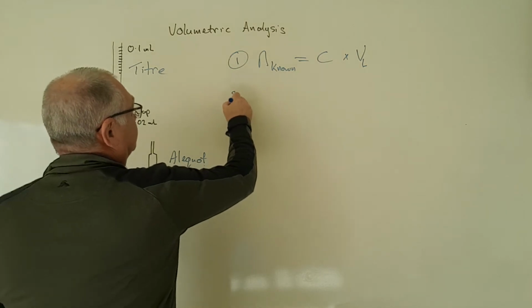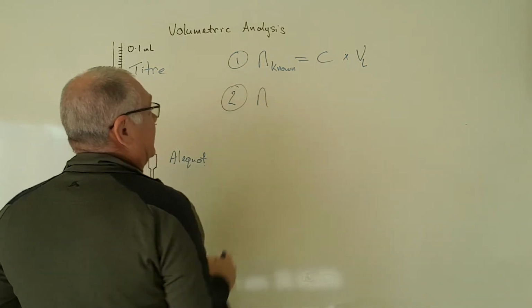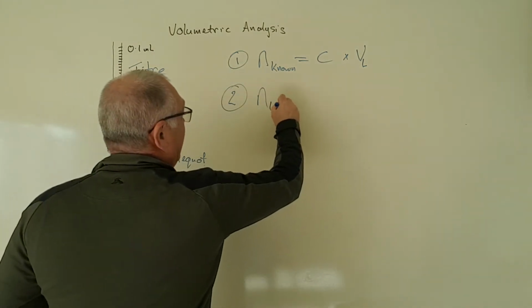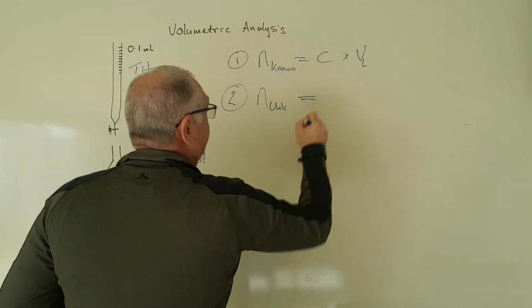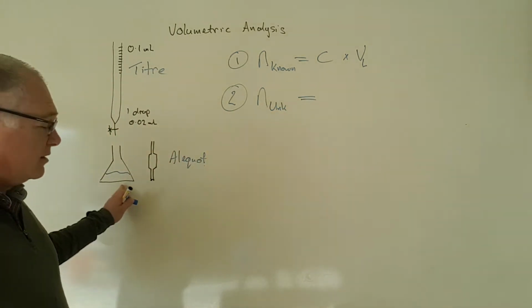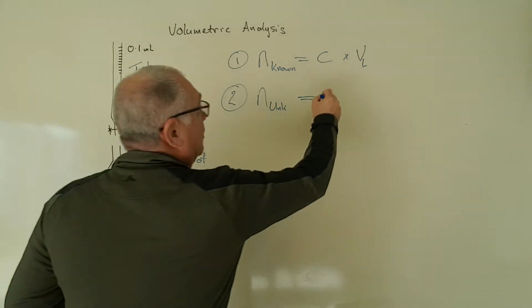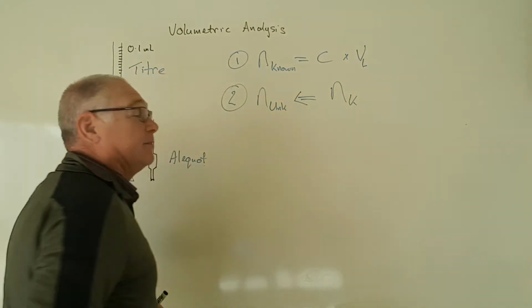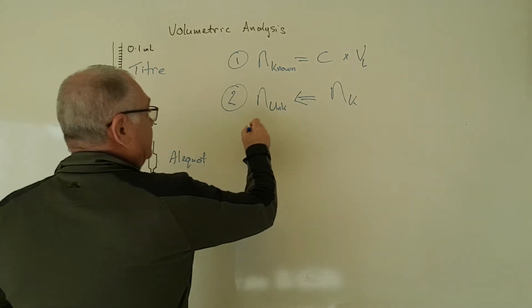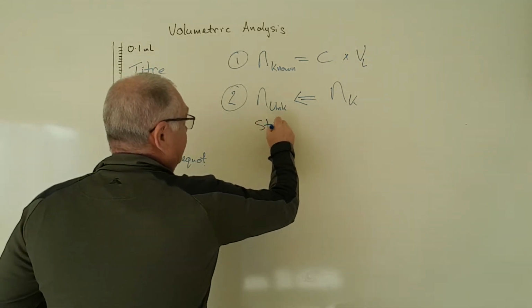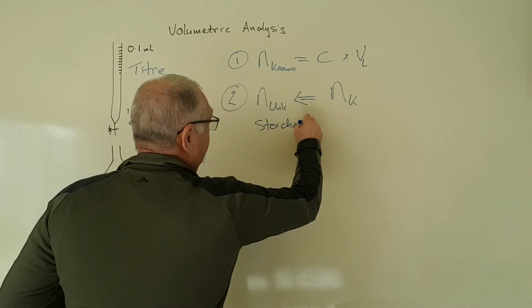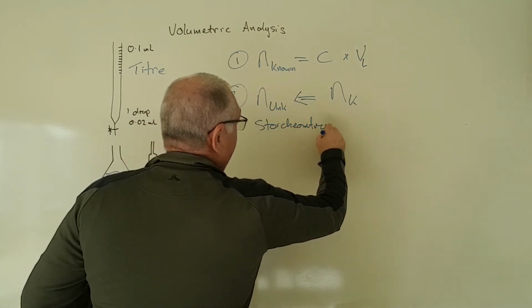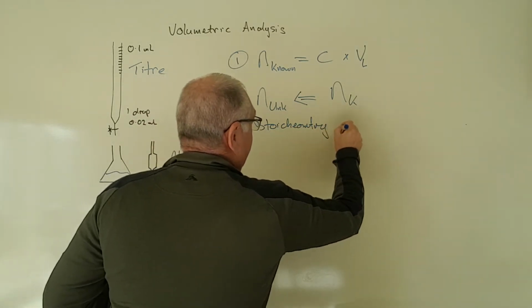Step two is to calculate the number of moles of unknown that have reacted in the conical flask from the number of moles of the known solution. And to do this, we use the stoichiometry of a balanced equation.